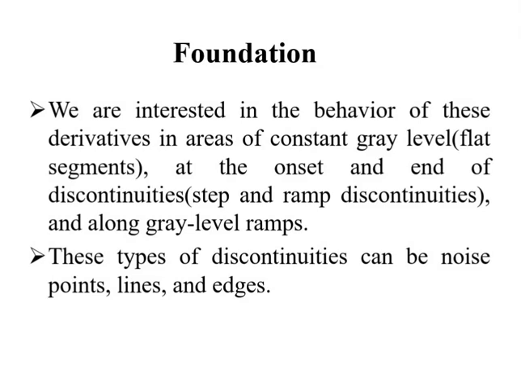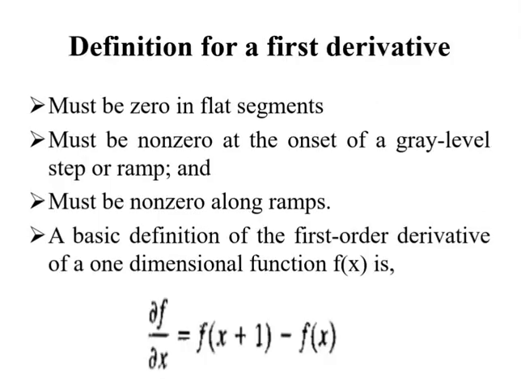adjacent pixels. The basic definition of the first order derivative of a one-dimensional function f of x is the difference, that is, del f upon del x is equal to f of x plus 1 minus f of x. We use a partial derivative here in order to keep the notation the same as when we consider an image function of two variables, f of x comma y, at which time we will be dealing with the spatial derivatives along the two spatial axes.